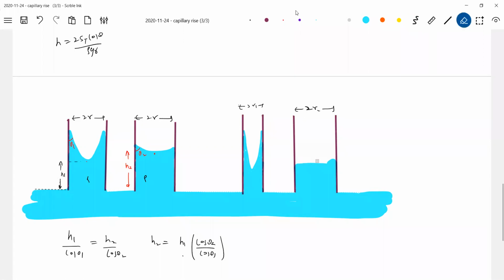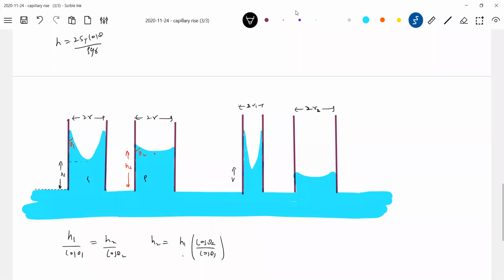Okay, some corrections I do. Next thing, look at the radius R1, R2.